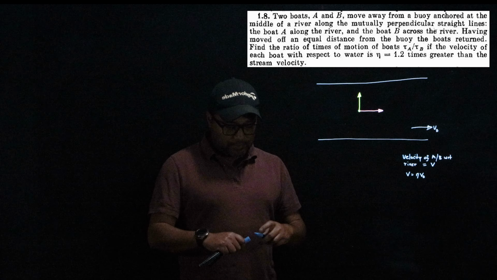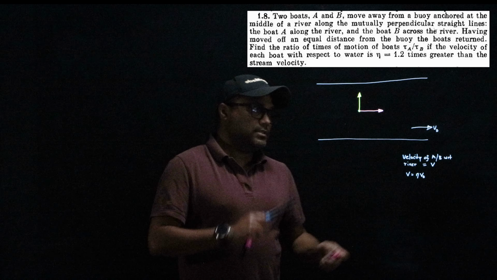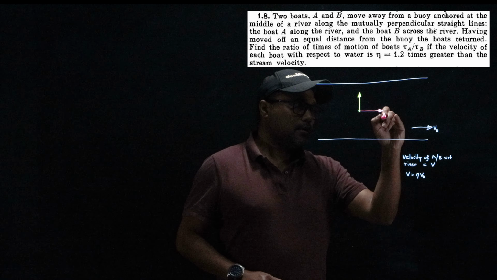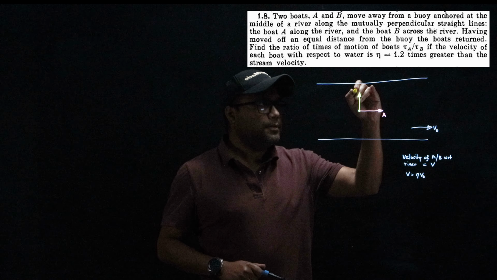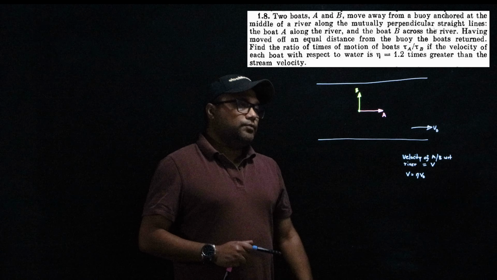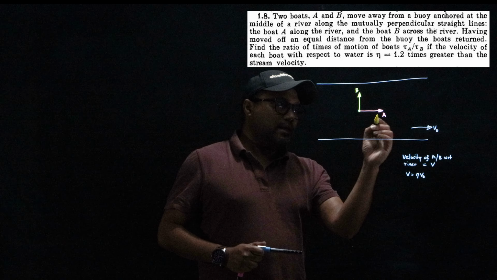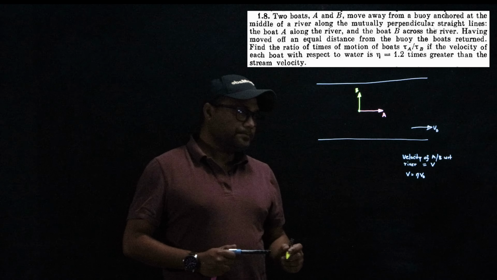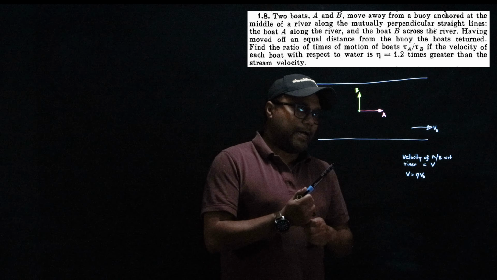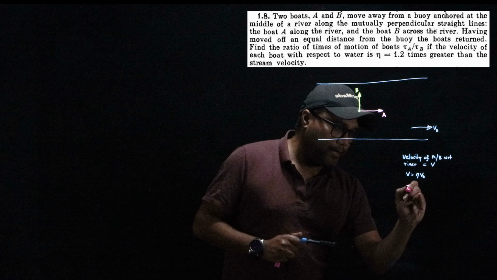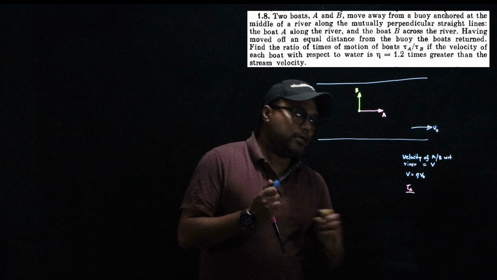Okay, so that is a given. Now, this is A and this is B. What they are doing is going an equal distance and then coming back. We have to find the ratio of times of motion, so tau A divided by tau B.